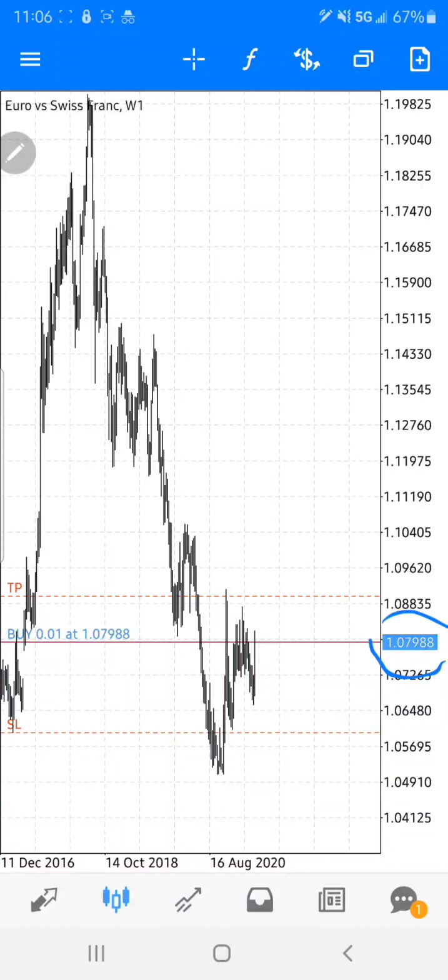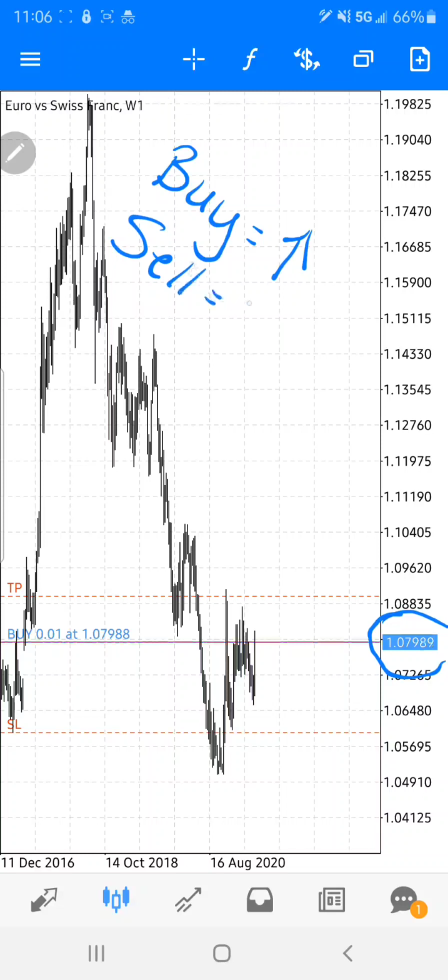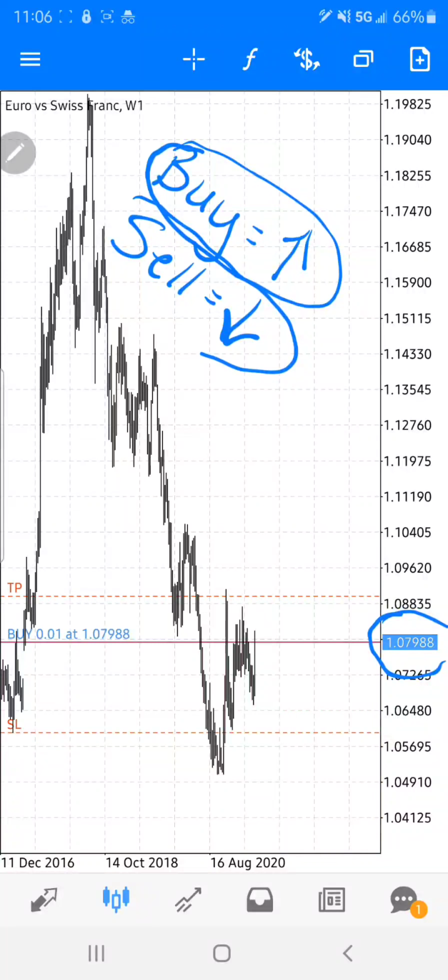Because this number in blue is the current price, and if you're buying, you think the market is going to go up. And if you are in a sell, you think that the market is going to go down. So always start with your take profit.